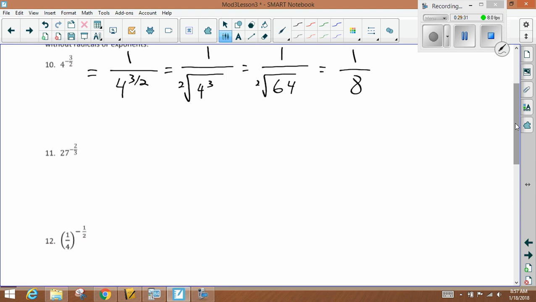How about 27 to the negative 2/3 power? That's 1 over 27 to the positive 2/3 power, which turns out to be 1 over the cube root of 27 squared.